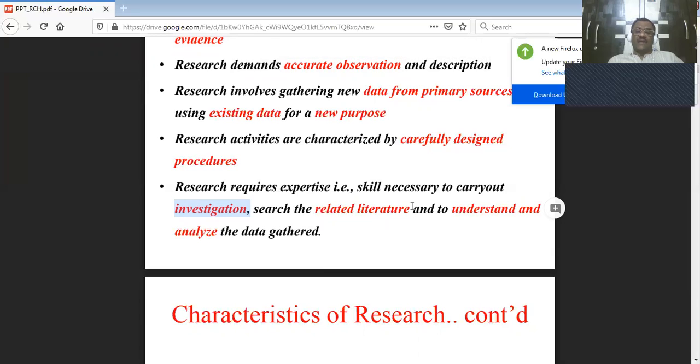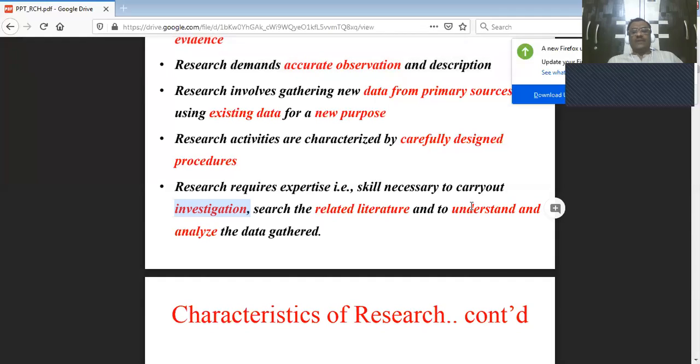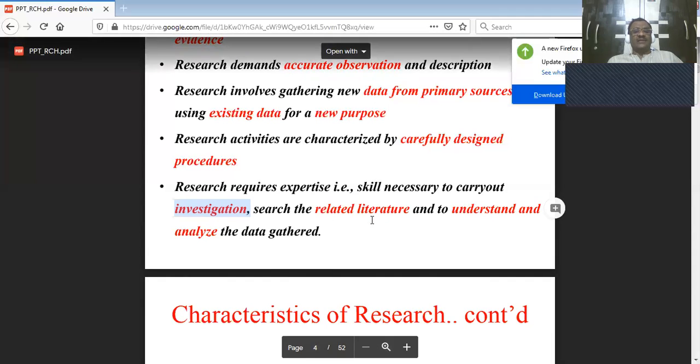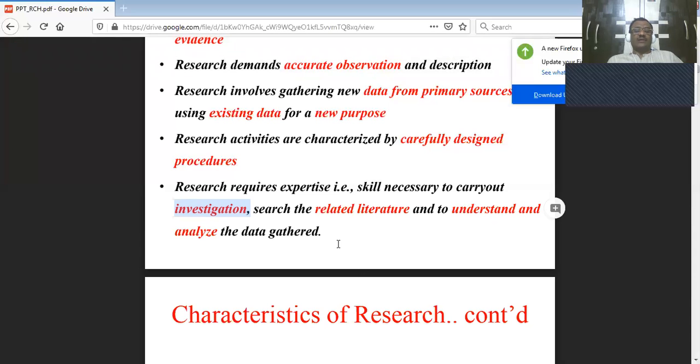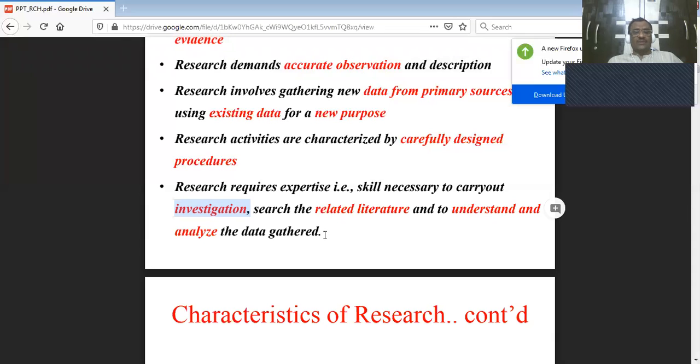Is there any gap between the existing research and the proposed research, and how exactly will the gaps be bridged and addressed? There the problem statement fits in. Therefore, the analysis of related literature is also a concern, where expertise is very much required.